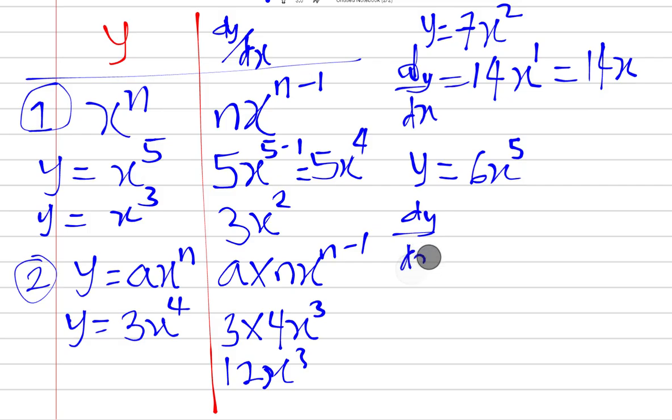It will be what? 5 times 6, 30. Then x raised to power what? 5 minus 1. That's what? 4. Do you understand that now? So that means your answer here is what? 30x raised to power 4. Alright. So now let's continue the rule.